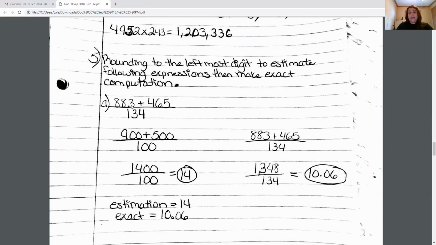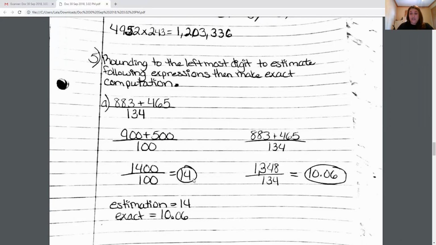So 883, we're going to round it up to 900. 465 will get rounded up because of the 6, so it would be 500. And then 134 is actually going to get rounded down because the 3 is below 5. So it'll be 100. So 900 plus 500 gives us 1,400 divided by 100 equals 14.